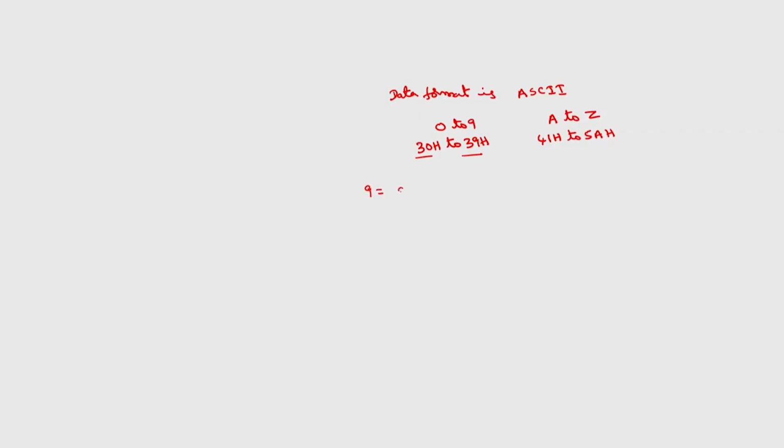So, 0 to 9 decimal will be represented by 30H to 39H. Similarly, capital letters A to Z will be represented by 41H to 5AH, total 26 letters. Similarly, some special symbols will have specific codes. Normally we will use 8 bits. So, if you want to transmit 9, which is 0011 1001, we will transmit these 8 bits.